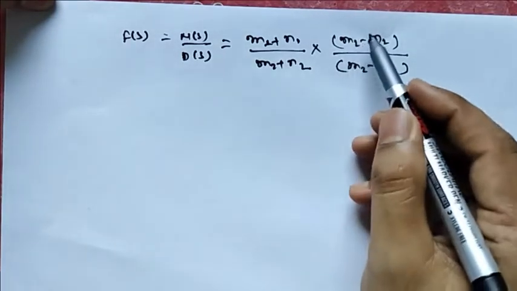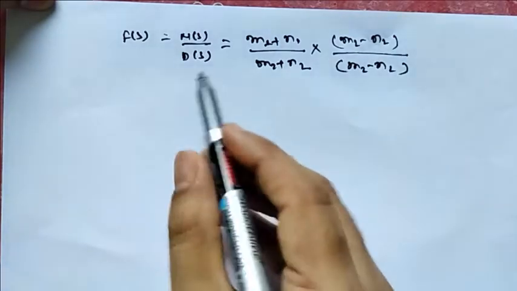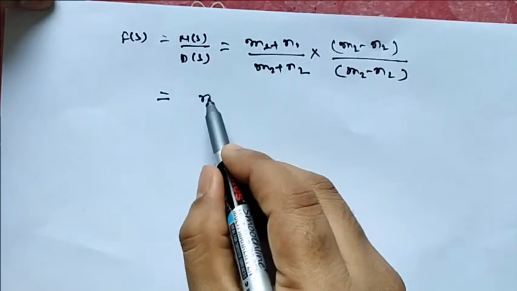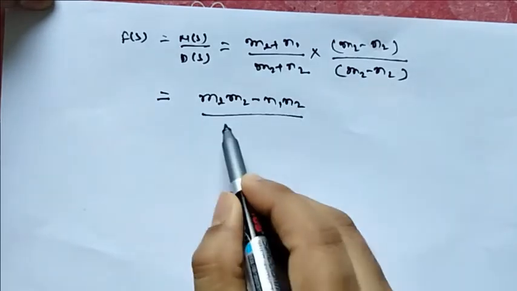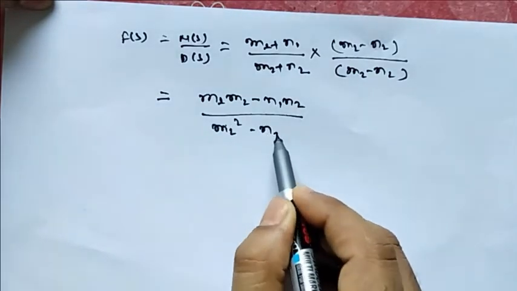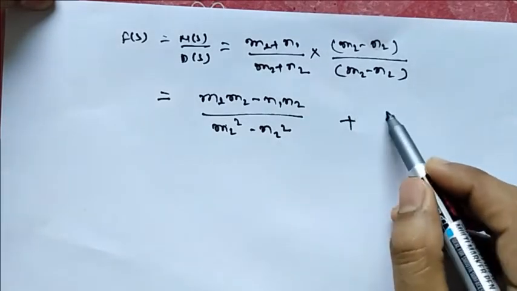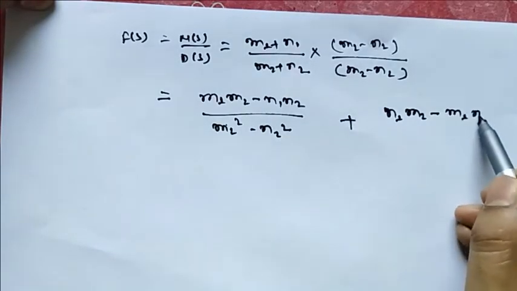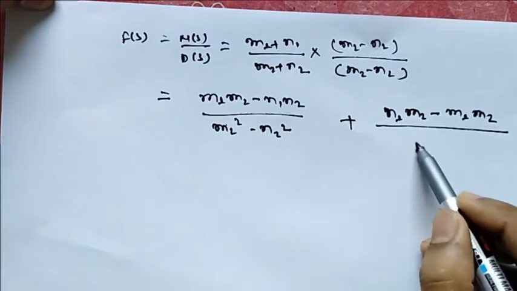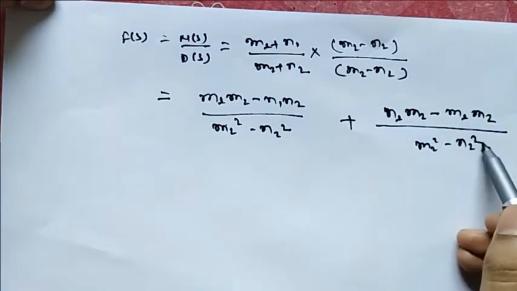Now we are dividing by these two common factors. Now what are we going to get? (M1 M2 minus N1 N2) by (M2 square minus N2 square) plus (N1 M2 minus M1 N2) by (M2 square minus N2 square).